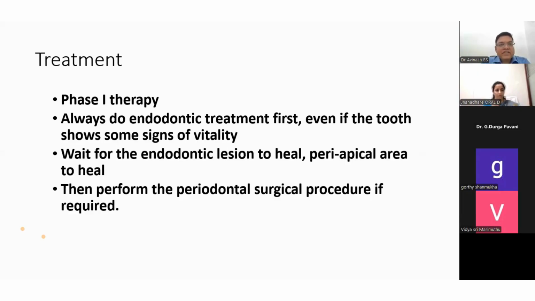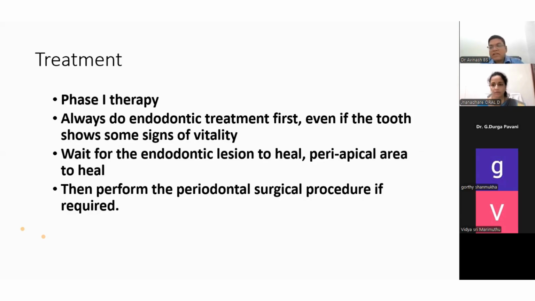First, we need to do phase 1 therapy. That includes the initial scaling and prophylaxis. And then whichever kind of endoperio lesion it is, whether it is primary perio, primary endo, secondary perio, or combined lesion, always do endodontic treatment first.